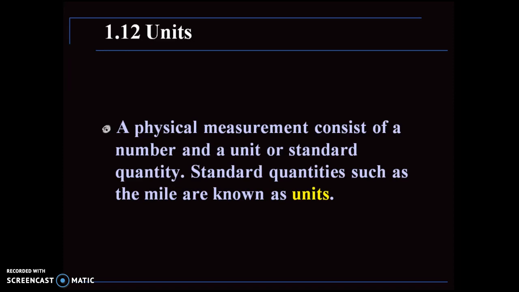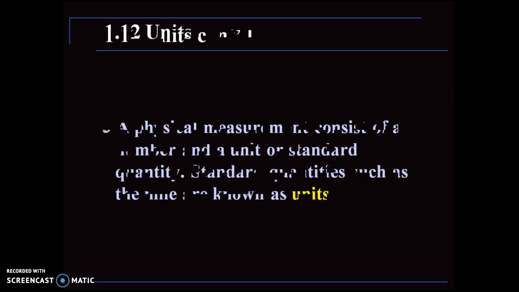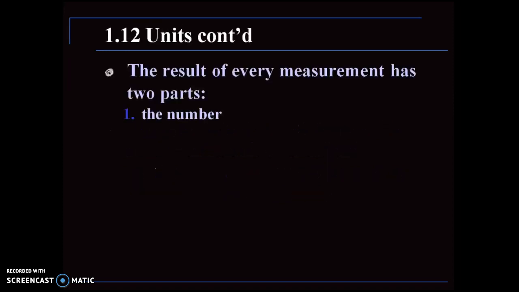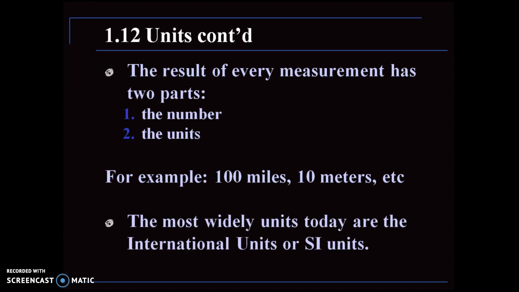The standard quantities such as a mile are known as units. The result of every measurement has two parts, a number and a unit. For example, 100 miles, where 100 is the number and miles is the unit, or 10 meters, so you have a number and a unit.